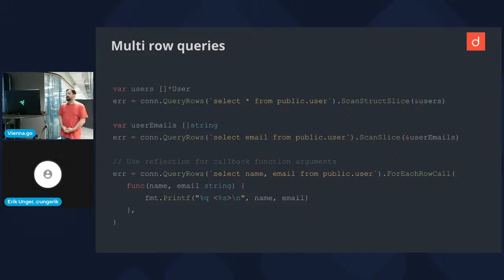Here it is, for each row call. It uses reflection on the passed function, figures out that it takes a name and an email argument, scans those arguments and passes them to the function. That's very handy. Basically, you don't have to write any boilerplate code. You just write a matching function for your query.